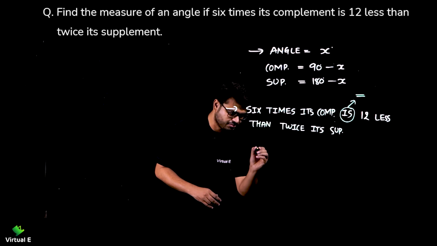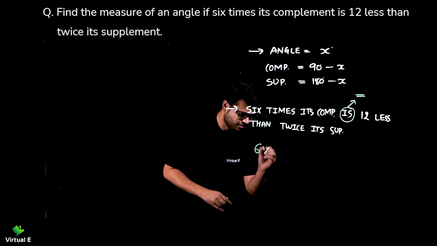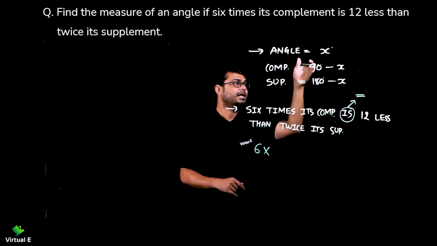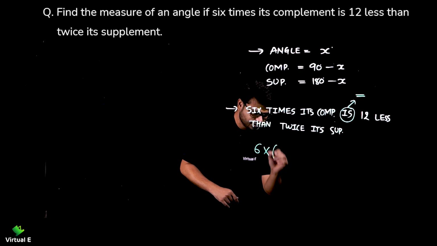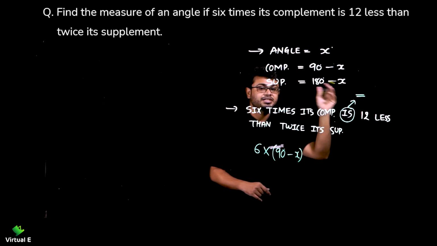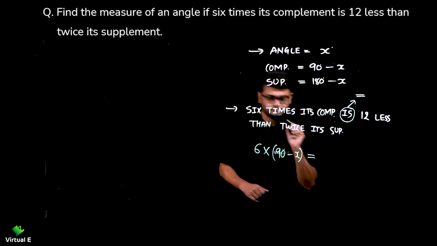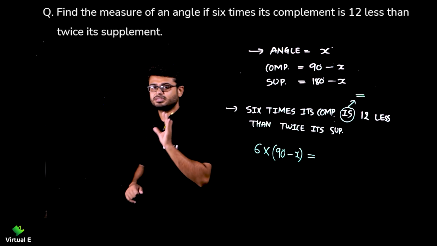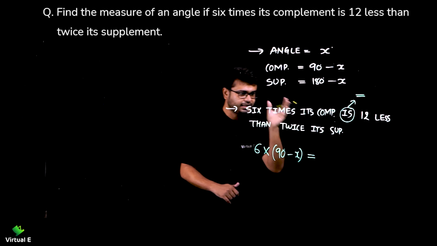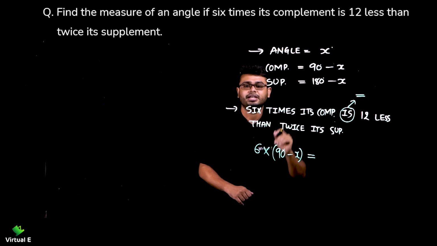So 6 means number 6, times means multiply. Its complement, what is the complement? 90 degree minus x. So 6 times 90 degree minus x, "is" means what? Equal to. Done. So LHS is done. Try to understand each and every word and convert it into the mathematical form.